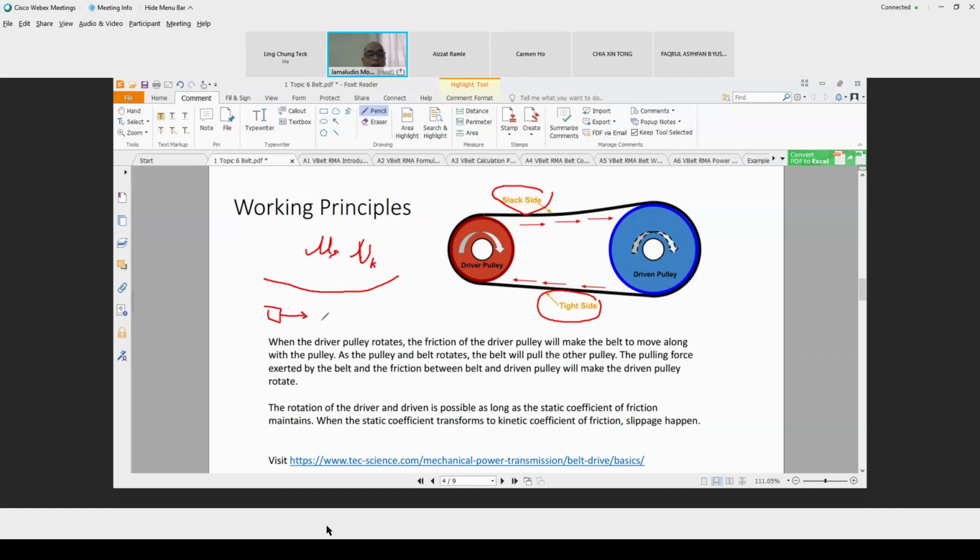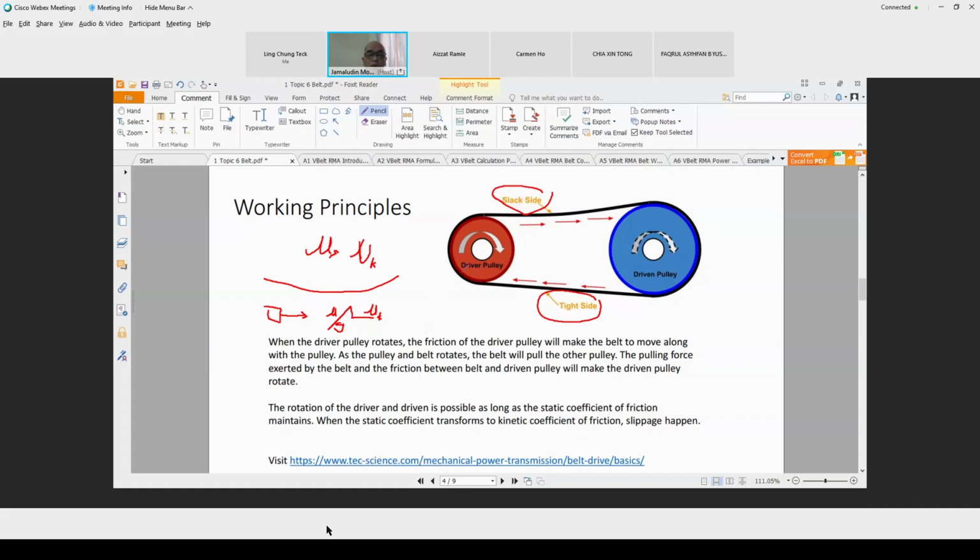As you reach a certain value, suddenly it moves, right? That is your static. Once it moves, the friction becomes kinematic. That means the kinematic friction is going to be a bit lower compared to static.